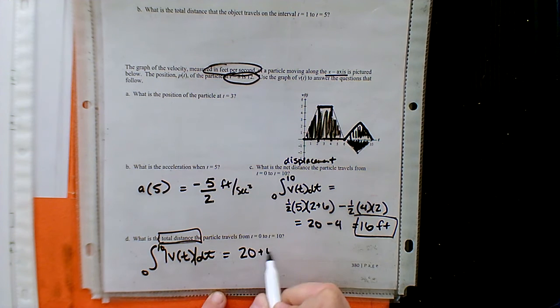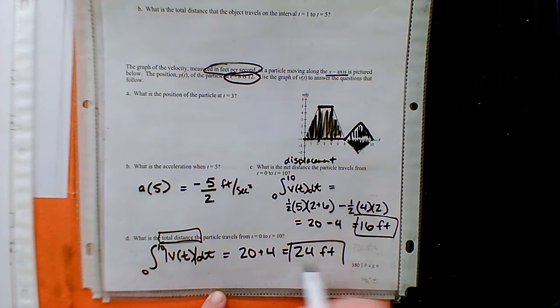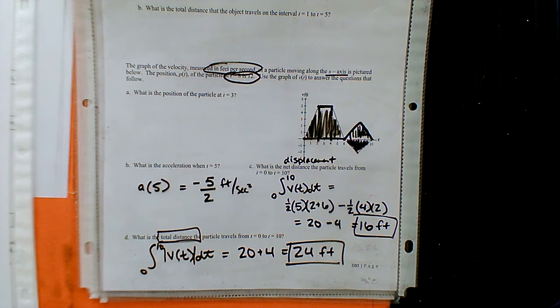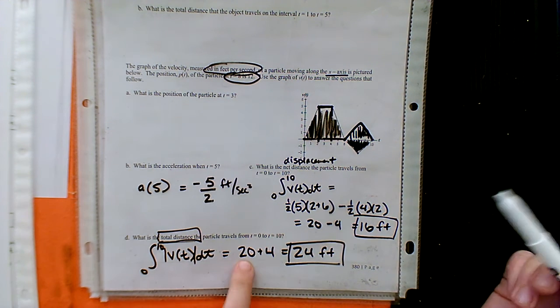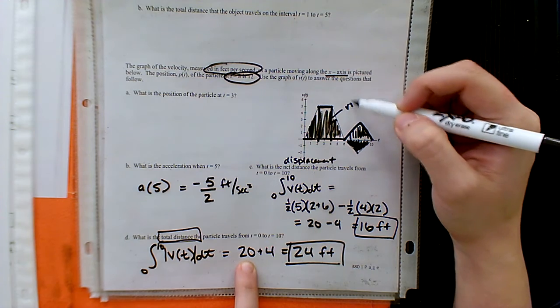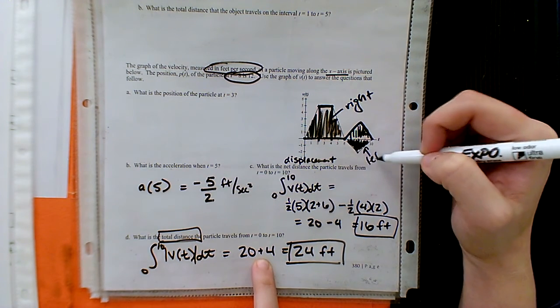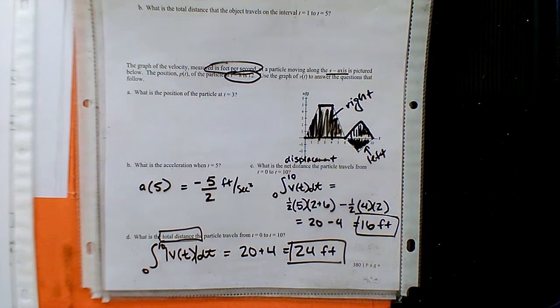So this would be 20 plus 4, which would be 24. Looks good. Now, if we look at the graph a little further, notice how this 20 is actually representing how much we move right, and then this 4 is representing how much we move left. So we can see above the x-axis, below the x-axis to get that direction.